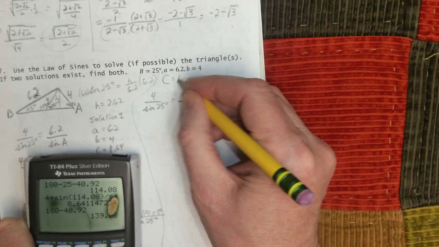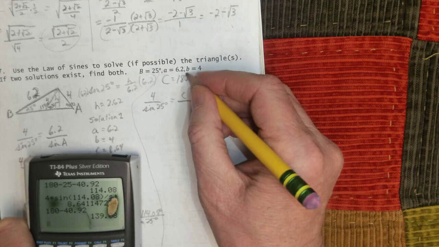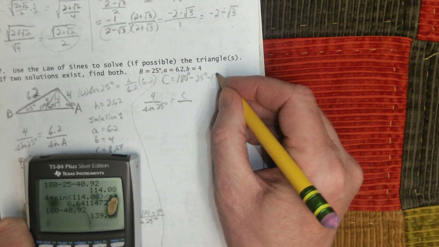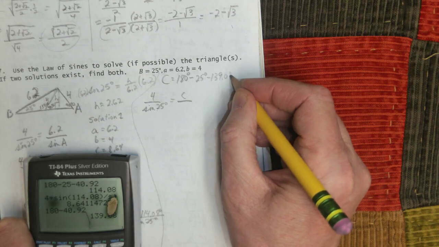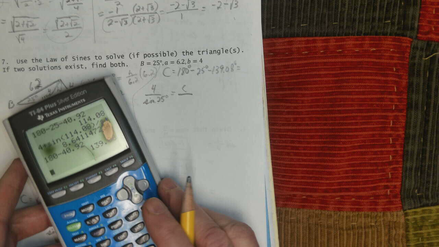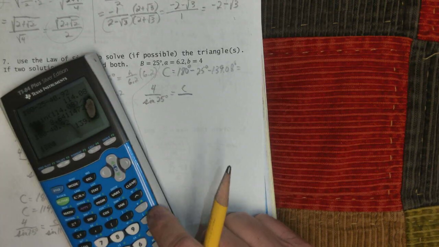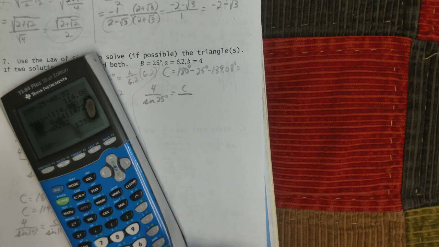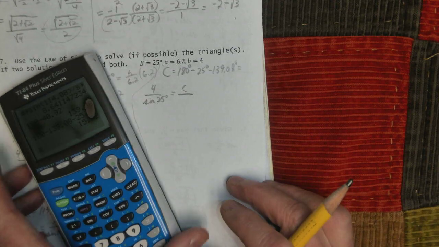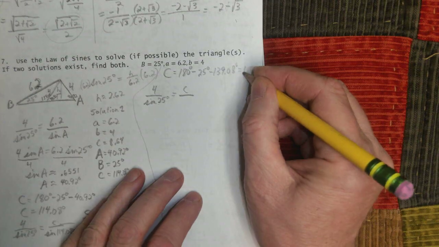Angle C is 180 degrees minus 25 degrees minus 139.08 degrees, which is approximately 180 minus 139.08 minus 25, 15.92 degrees.